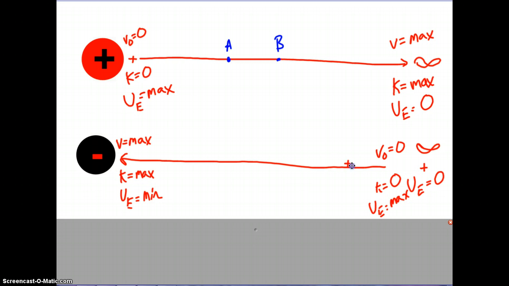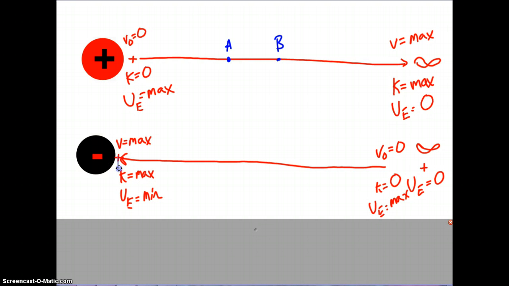This charge is going to accelerate, increasing in velocity towards the negative, and just at the moment before impact, that test charge would be going its maximum velocity. That means it would have its maximum possible kinetic energy, and therefore the electric potential energy would be at its min value.